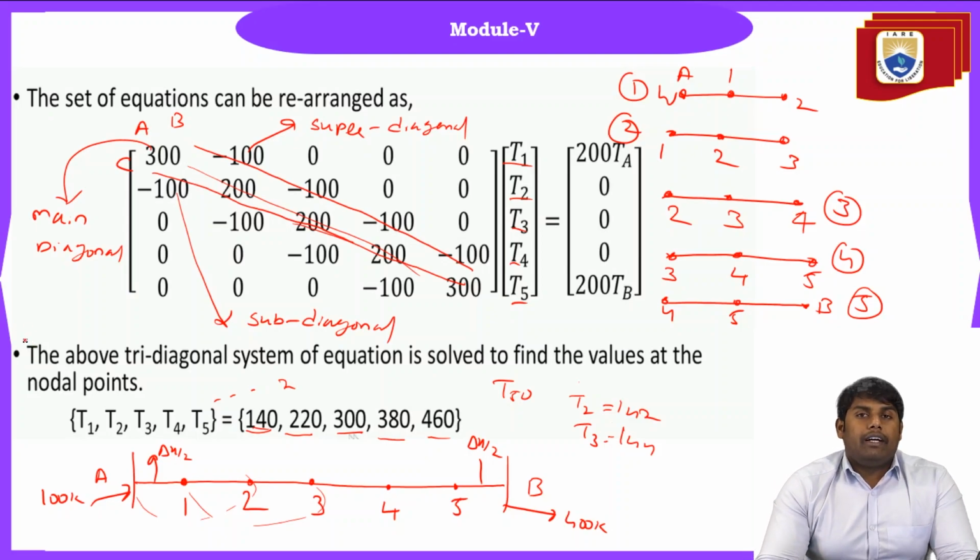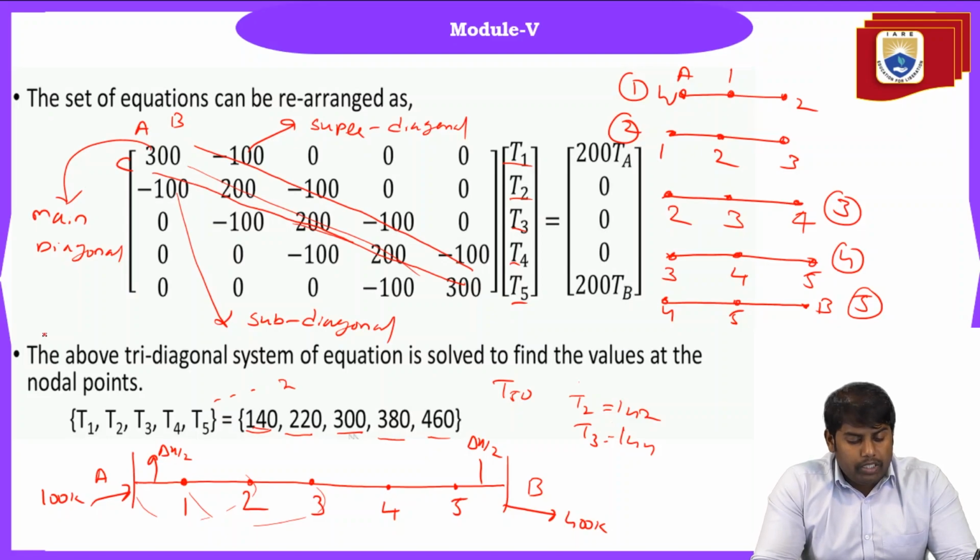The main point is that the solution will be the same: at the end point T5 the solution is 160, T2 is 220, T3 is 300. This may be the same, but when you increase the points, the accuracy will increase, and the smoothness of the graph between the temperature profile and x will keep improving.